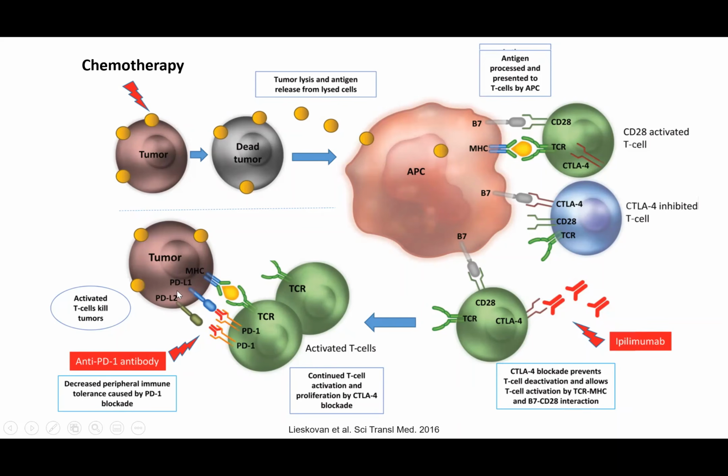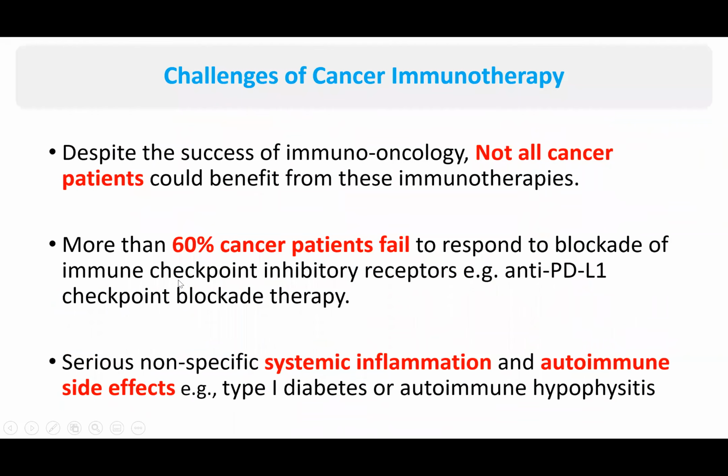However, the cancer cell upregulates PD-L1 and PD-L2, and those inhibitory molecules will interact with the PD-1 protein on the surface of T cells, leading to their inhibition. So if we use an anti-PD-1 antibody, for example, this will block PD-1 and so inhibit the PD-1, PD-L1 inhibitory pathway, and the T cell becomes activated again and kills the cancer cells.